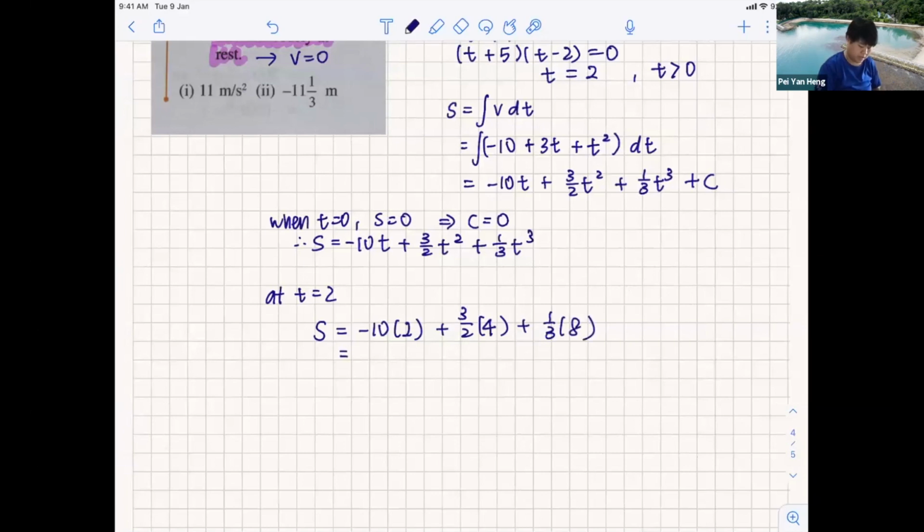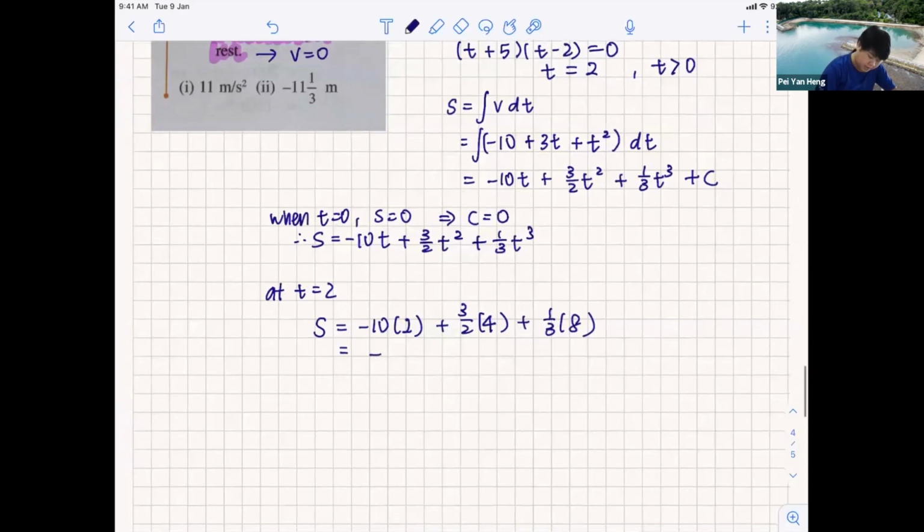If you press your calculator, you get minus 11 and 1/3 meters. You can leave it in 3 significant figures, which should be minus 11.3 meters to 3 s.f.